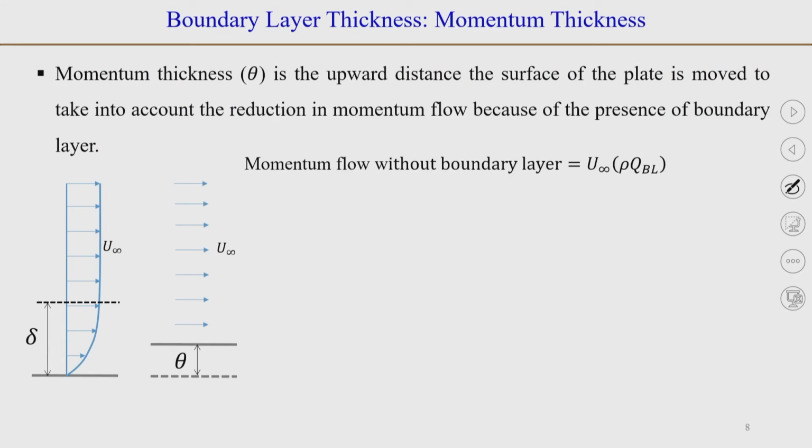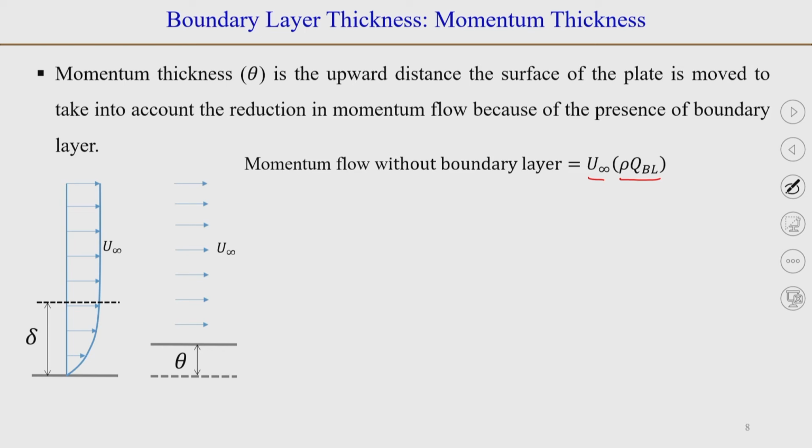Now, if there would have been no boundary layer, then the flow in this case would have been u infinity into rho into q. This q boundary layer just refers to the flow in this region.